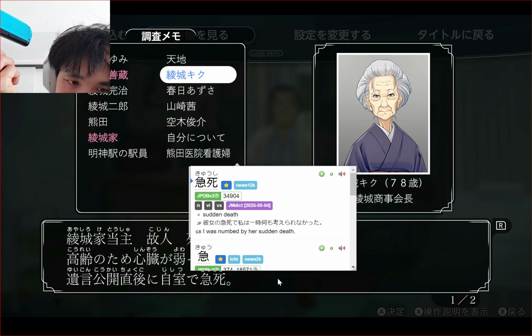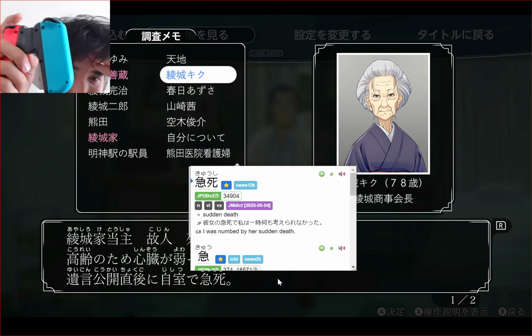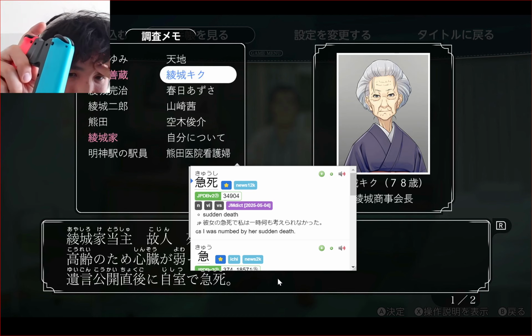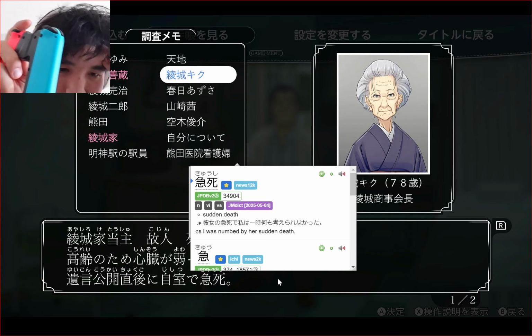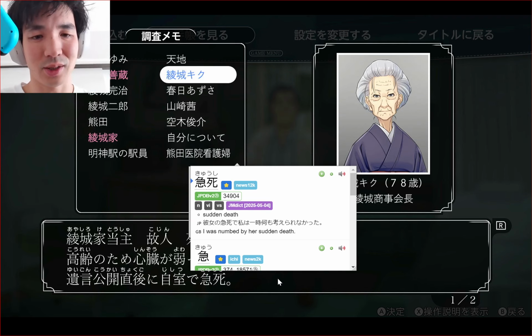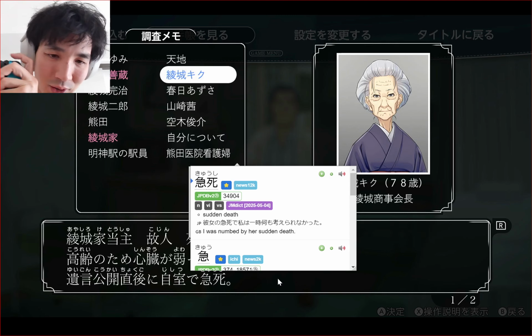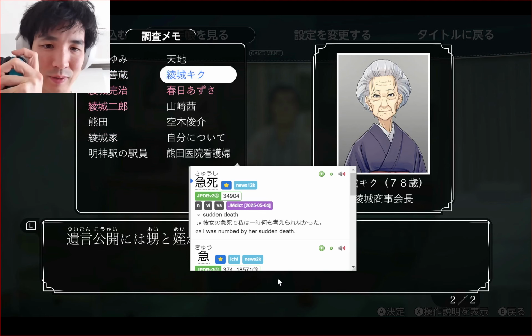Yeah, I guess this is why it's suspicious. Yuigon Kokai. After the reading of the will, chokugo ni jishitsu de, in her own room, immediately died, kyushi.